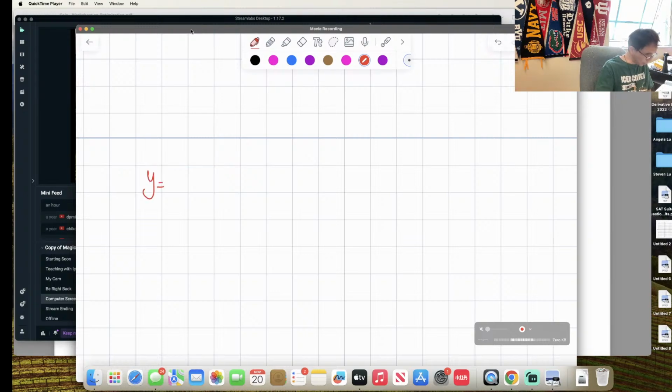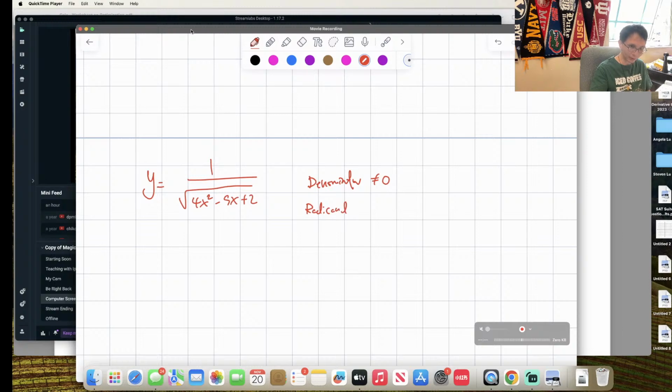So y equal to 1 over square root of 4x squared minus 9x plus 2. Now this question is interesting because the denominator cannot equal 0. That's the first thing. Also, the radicand, I think it's called radicand, has to be greater than or equal to 0. So in this case, it has both.